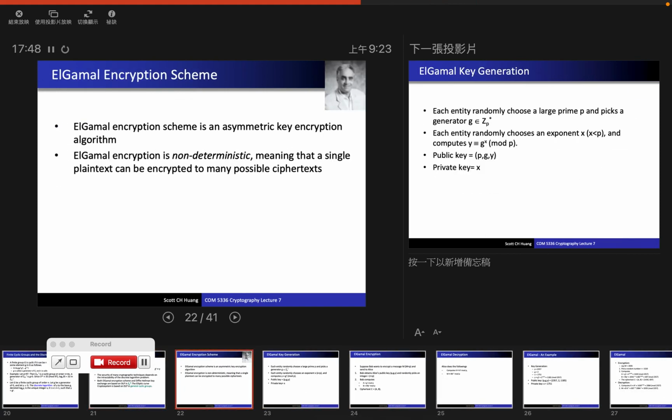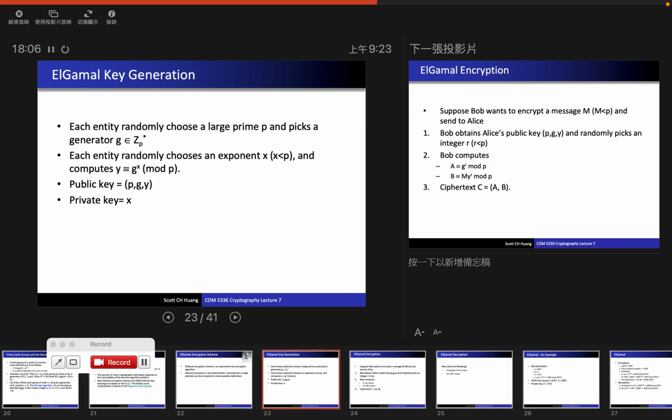This Algol encryption scheme is a public key encryption algorithm. For the second part, the non-deterministic, I will introduce it later. The Algol encryption is very similar. I just covered the Diffie-Hellman key exchange algorithm. The secret that both parties share is G to the AB.